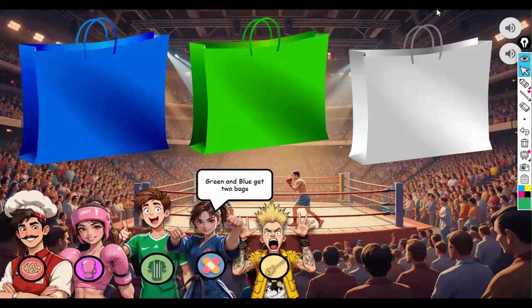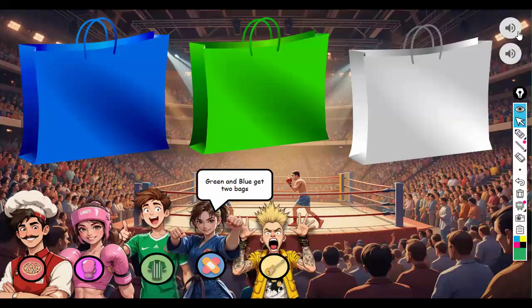All right. I think you all deserve a little head rest there. All right, so have some favoritism here. Let's see. The green and blue teams get to pick two bags. So you have three bags to pick from, right? Blue, green, and white. Now, the color of the bags has nothing to do with the team colors. It's just hard to get colors, right? So green and blue teams choose two colors of bags. Unfortunately, everybody else only gets to pick one bag.